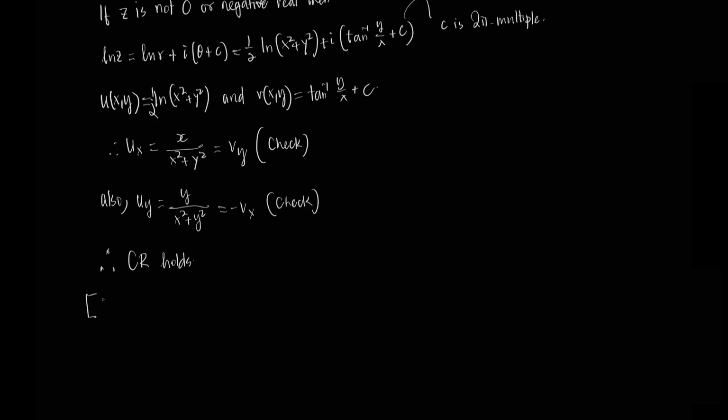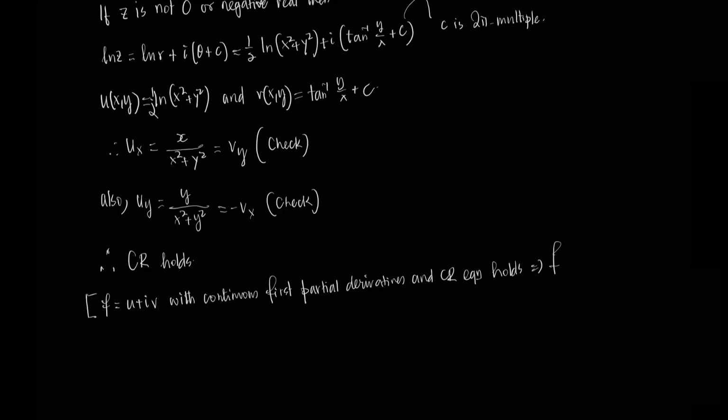You remember that if f can be written as u plus iv, where u and v are real valued functions with continuous first partial derivatives, and the CR equation holds, then that will imply that f is differentiable.